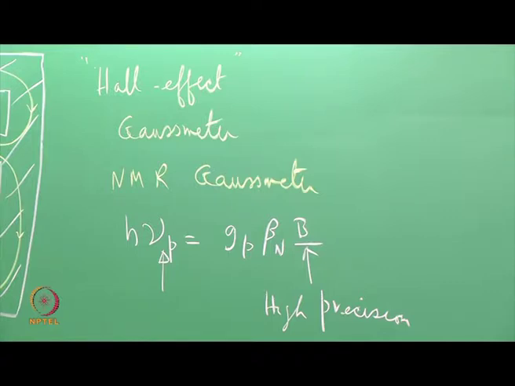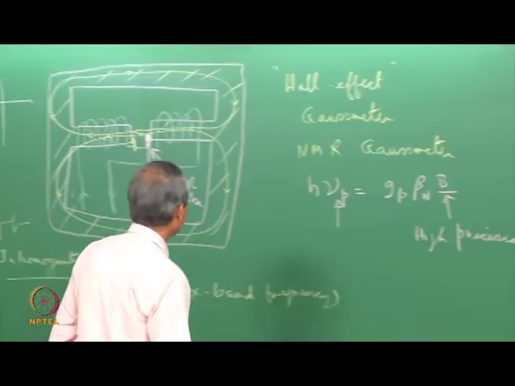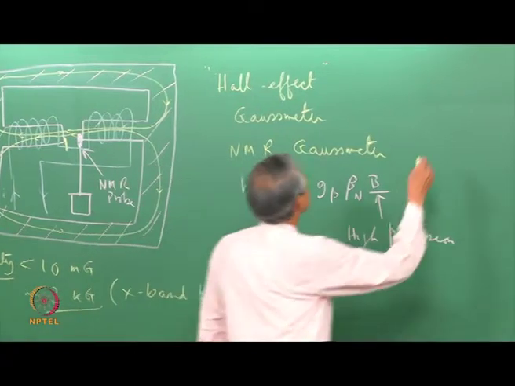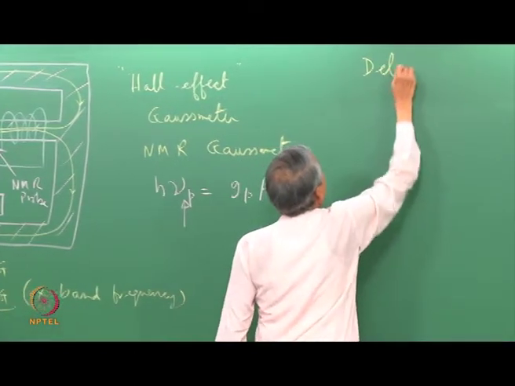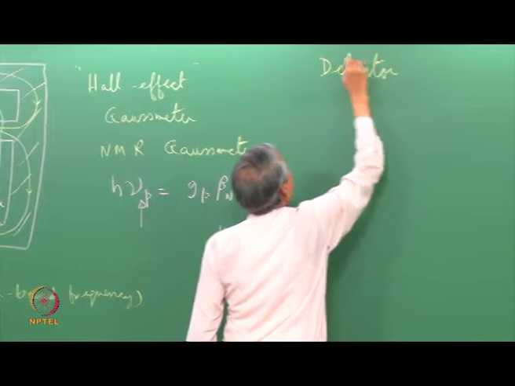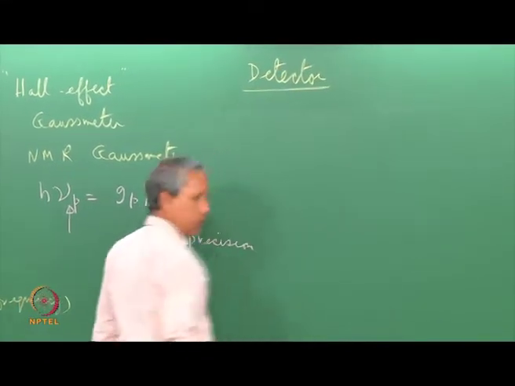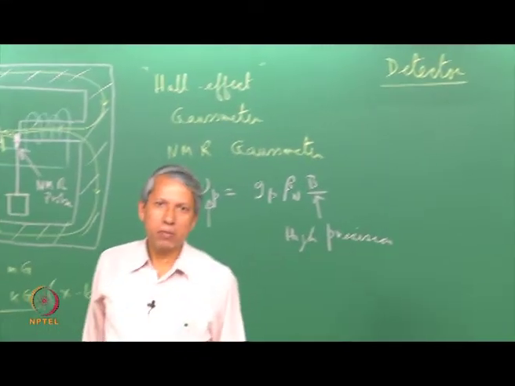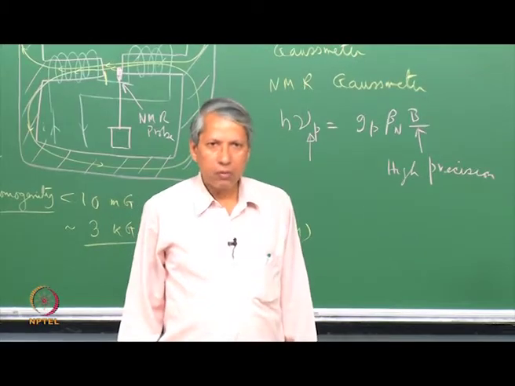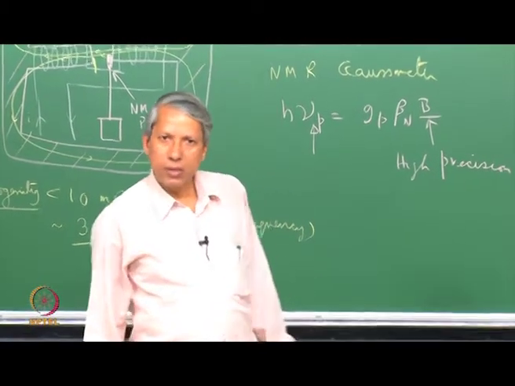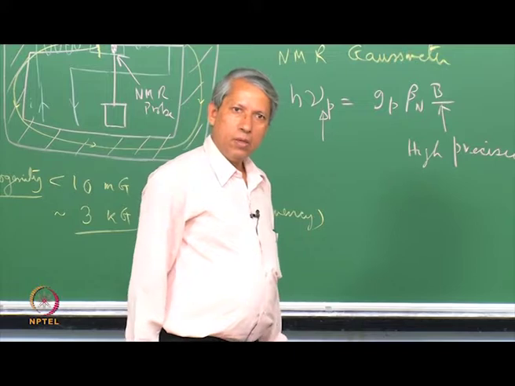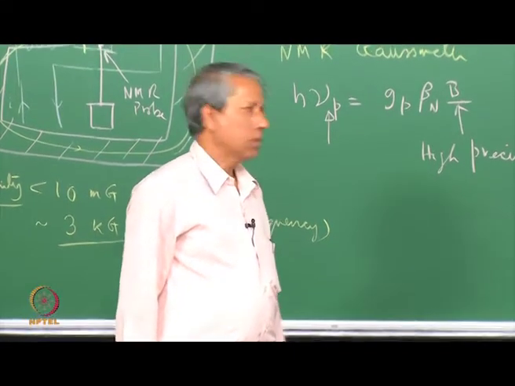The next important component of the spectrometer is of course the detector. The detector's job is to measure the microwave power that is coming out of the cavity, which will carry the information about the absorption of microwave by the sample.